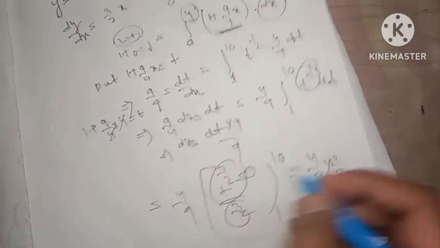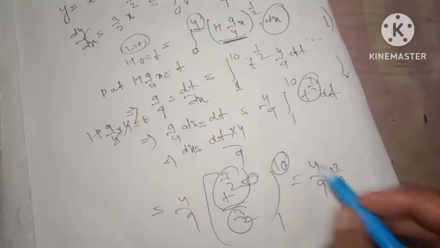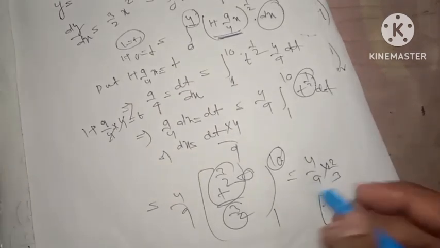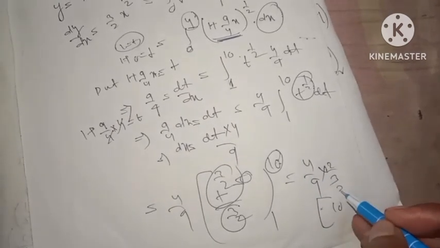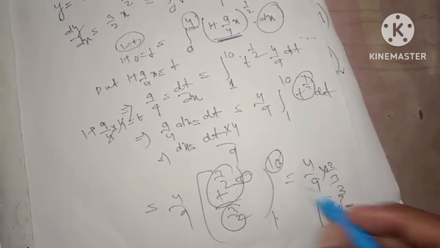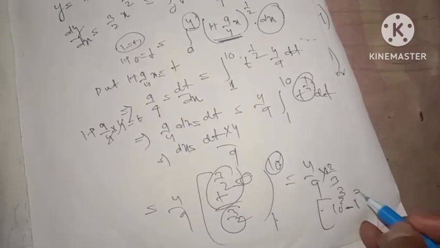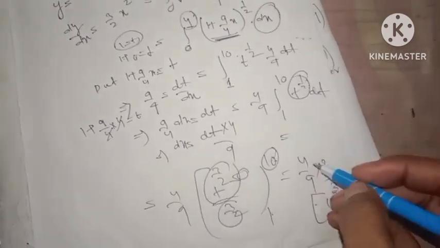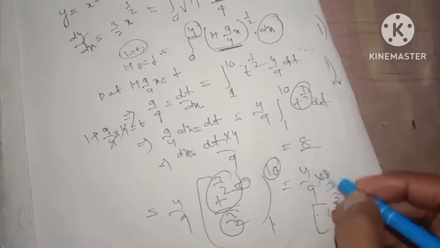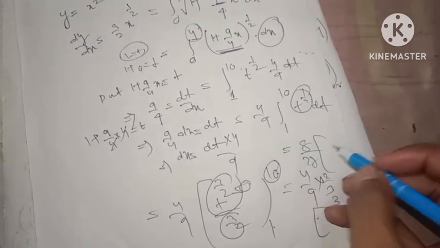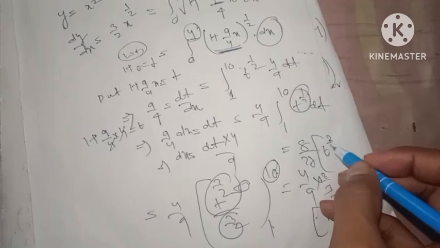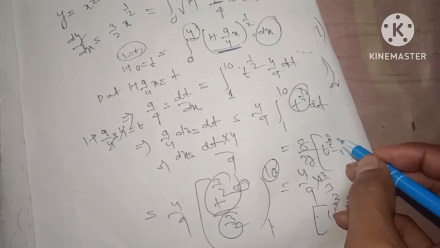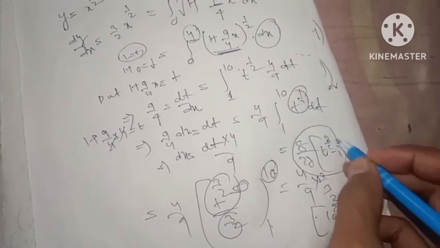If you put the upper limit, it becomes 10 to the power 3 by 2 minus, if you put t equal to 1, 1 to the power 3 by 2. Multiplying them, 4 into 2 by 27, this is 10 to the power 3 by 2 minus 1 to the power 3 by 2, the correct answer in this given question.